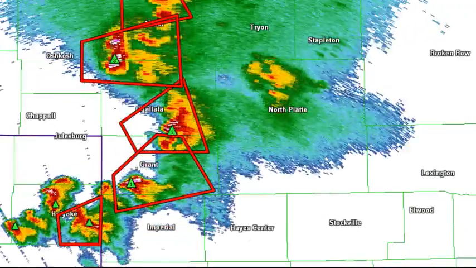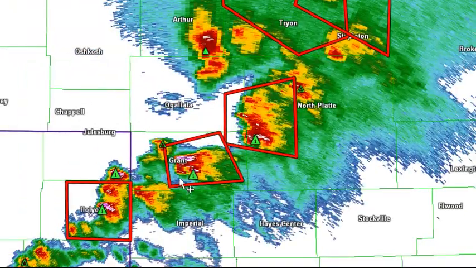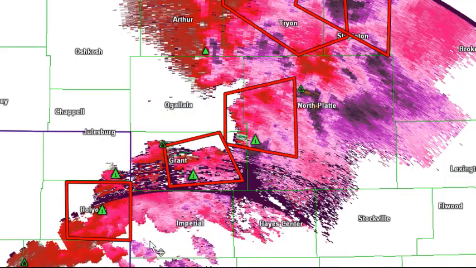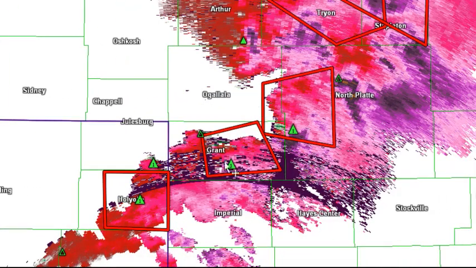Let's take a look at the velocity and see if any of those stand out. And I think for this we're going to have to kind of subtract out some of the storm motion, so let me do that. I'm going to go for maybe 240 at 40.